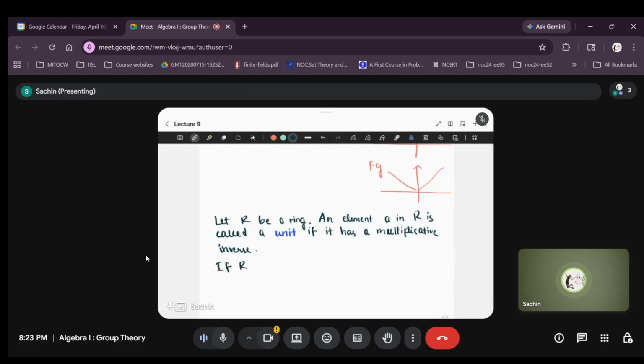We always have, if R is a ring, then 1 is a unit, since 1 dot 1 is equal to 1.